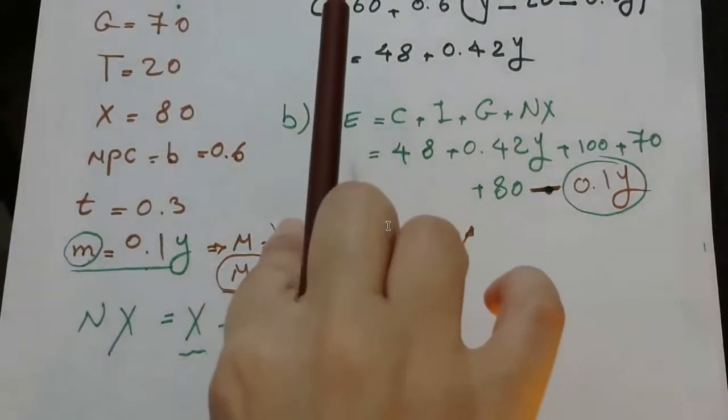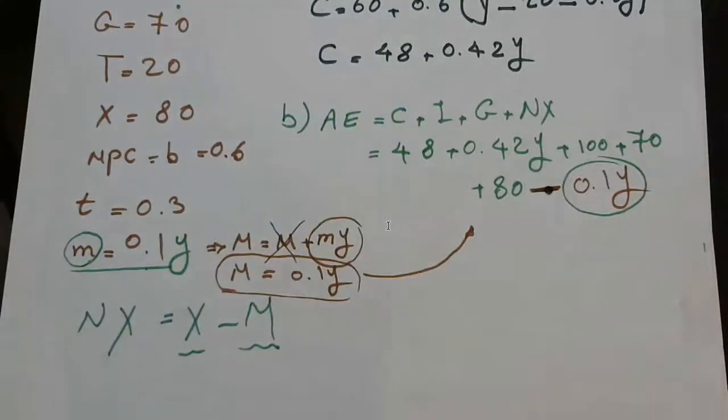Autonomous M is not given. Whenever something is not given, we assume it is 0. And then the import function will be only the induced M, 0.1y.